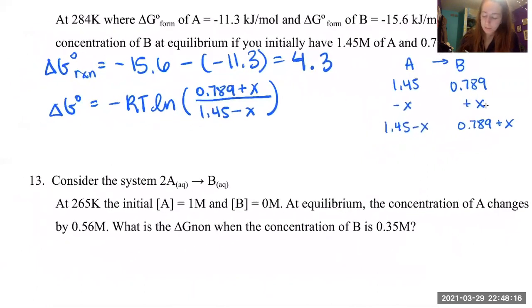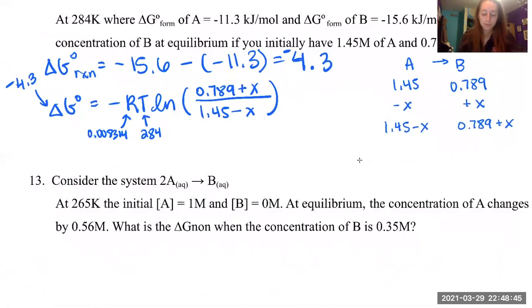Great. Okay. So we have the temperature, which is 284. And we have our R constant, 0.008314. And we can solve for X, okay? Because we also have delta G here, which we just found, which is negative 4.3.